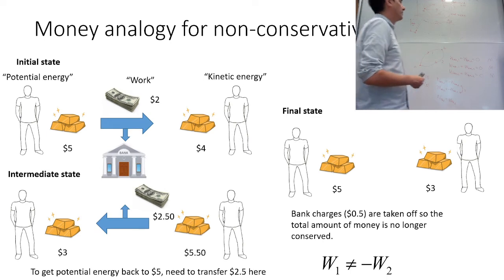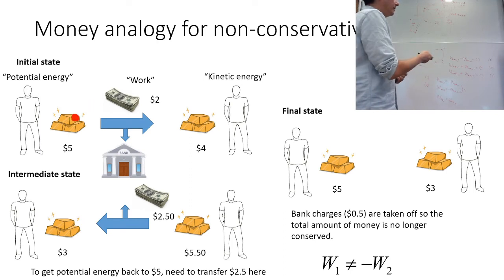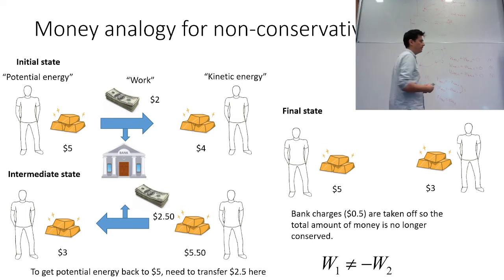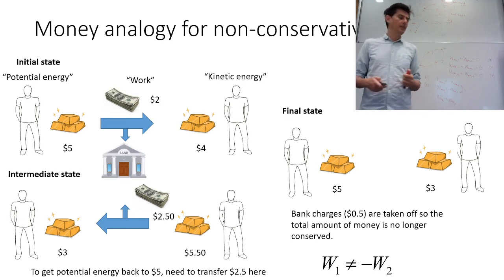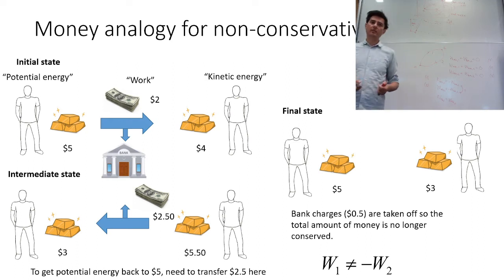Often there's ways to get around it these days, but I think even in China, depending on the amount of money that you are transferring, they sometimes charge you bank fees. So when you are trying to give somebody $2, suppose the bank takes 50 cents every time.